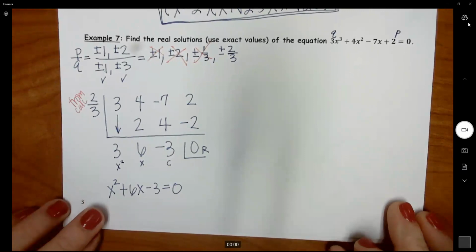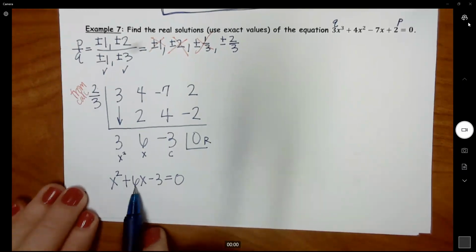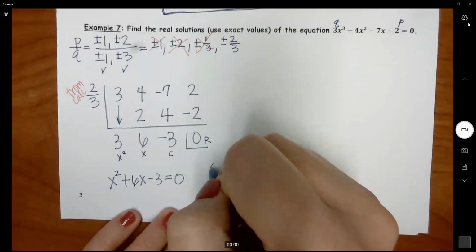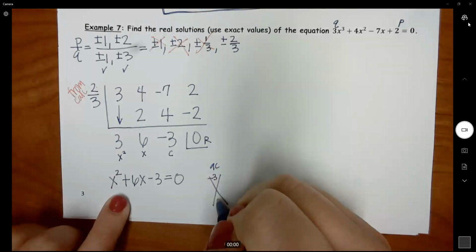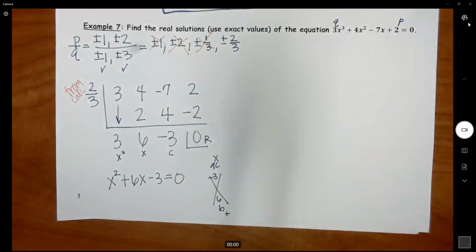The easiest thing to do here is to factor. I can't use square root property because I have a b term, right? So the next thing is factor. So if I go into my x, my a times c is 1 times negative 3, and my b is 6. What adds up to 6 but multiplies to negative 3? I'll give you a minute.